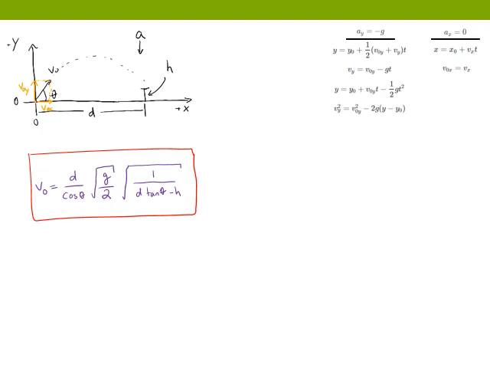The second thing we should check is that the behavior of our answer is what we would expect. So if we look at our problem, we would expect that if we made this distance much larger and moved our field goal out here, it would take a much larger velocity in order to make that field goal. And we can see if we increased our distance, we'd end up having to increase our velocity.